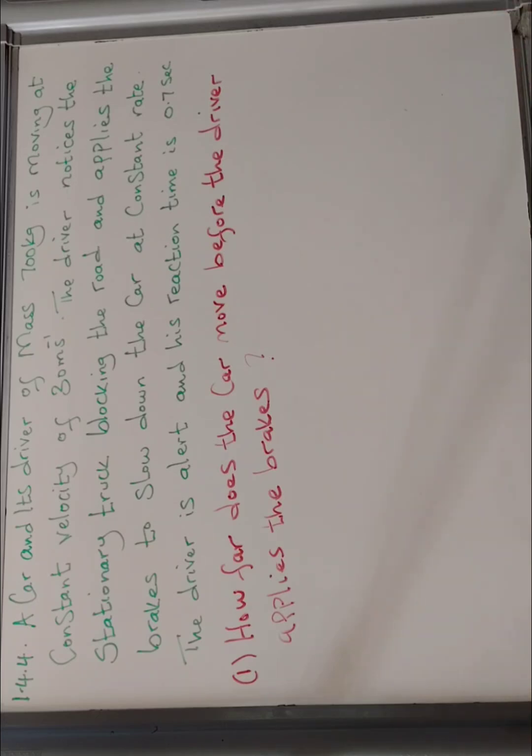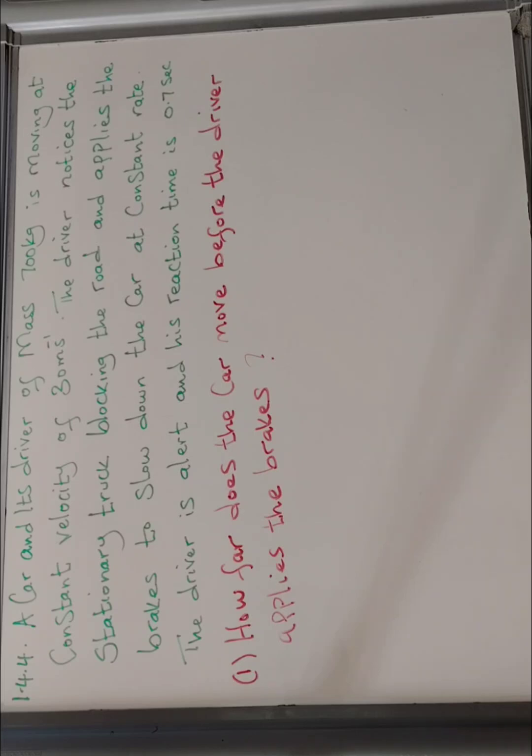So this driver was driving at constant speed and he saw the truck blocking the road. He made a decision to slow down and he applied the brakes. The brain receives the impulses, it sends down the impulses to the legs and applies the brakes.